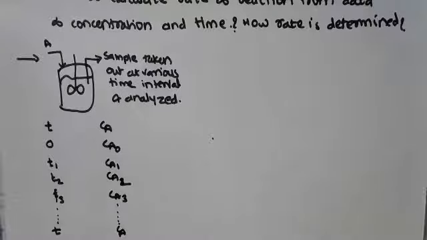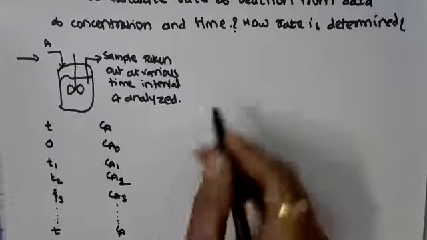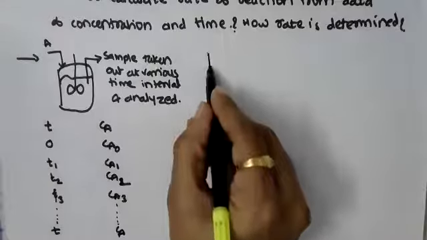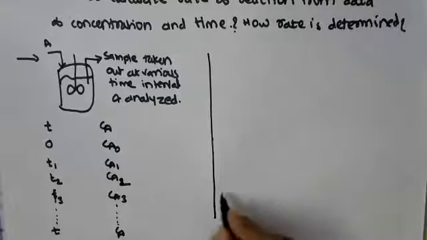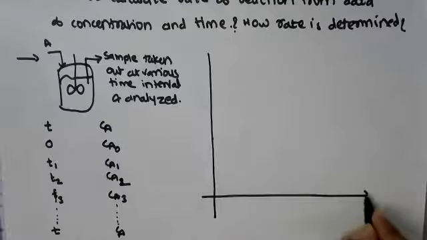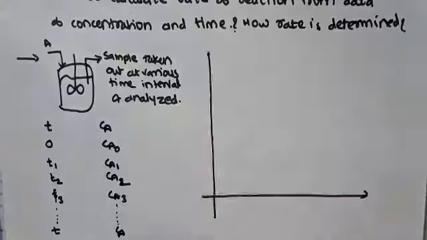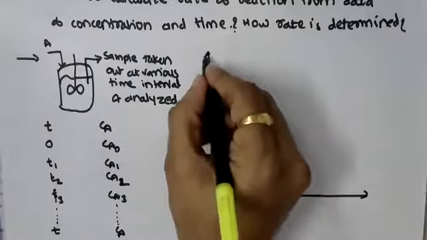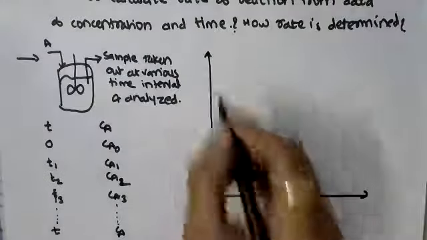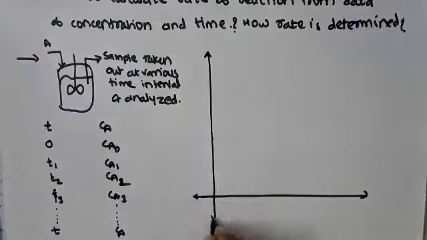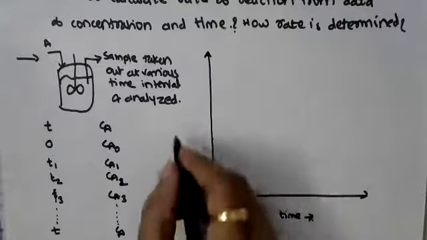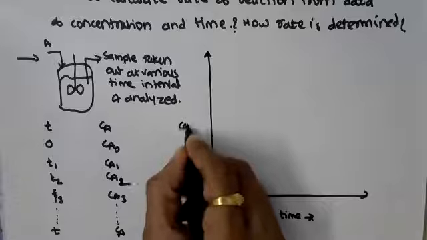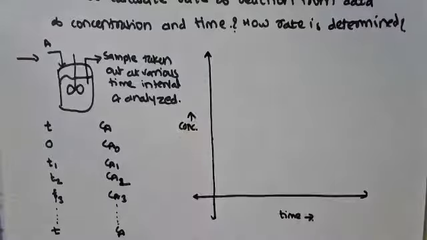Now, if you plot the graph, the nature of the graph will be like a decay curve. So x-axis is time and y-axis represents concentration.